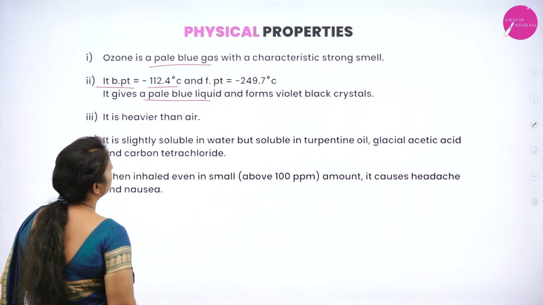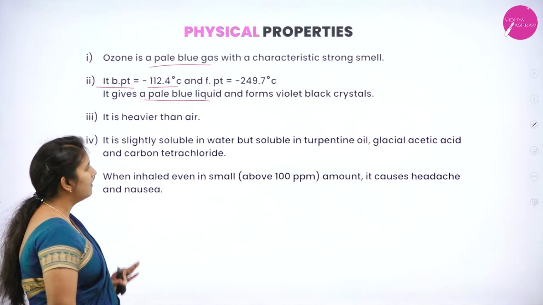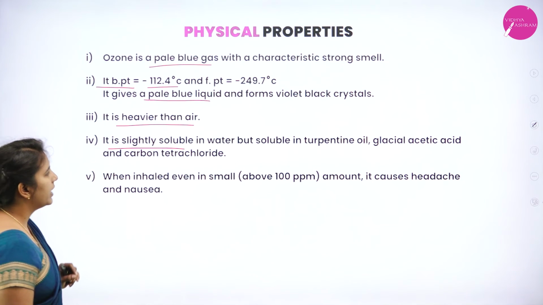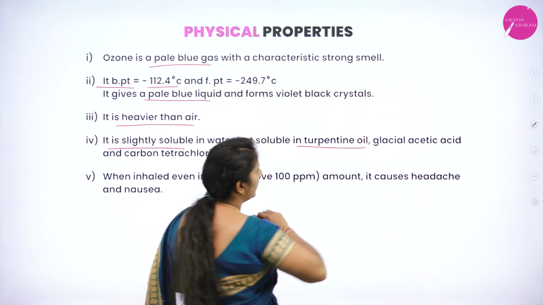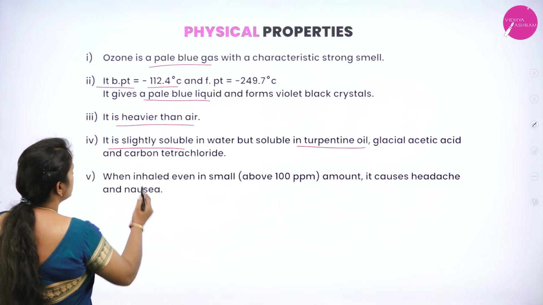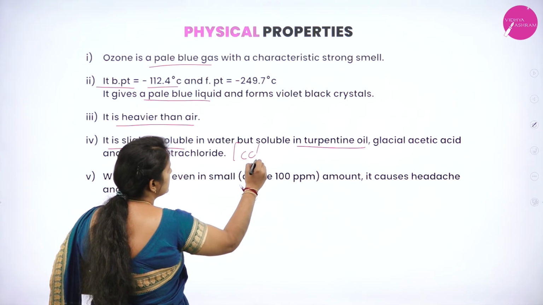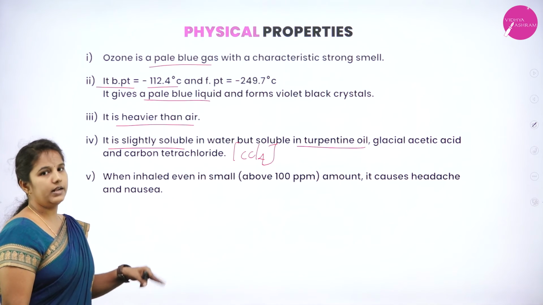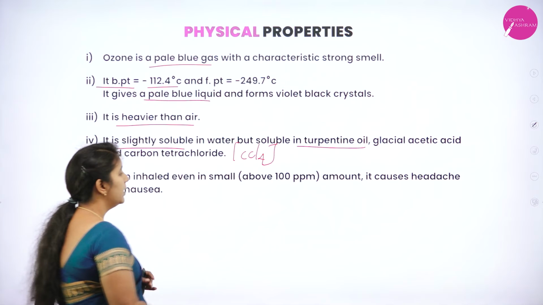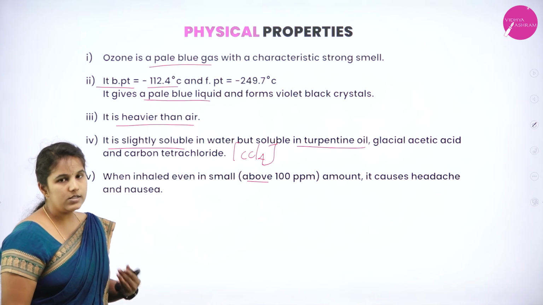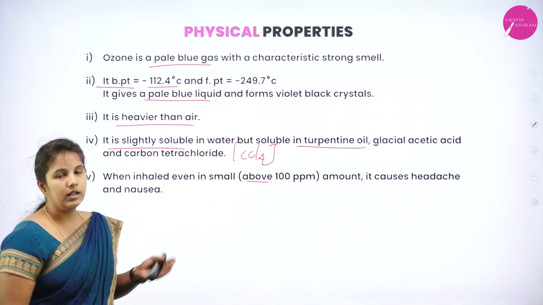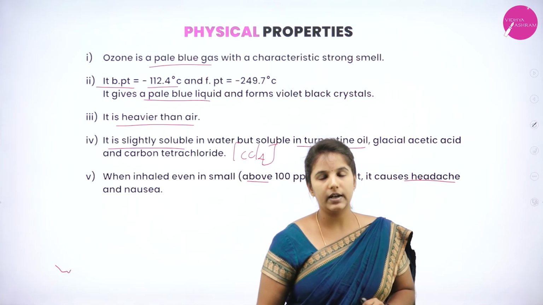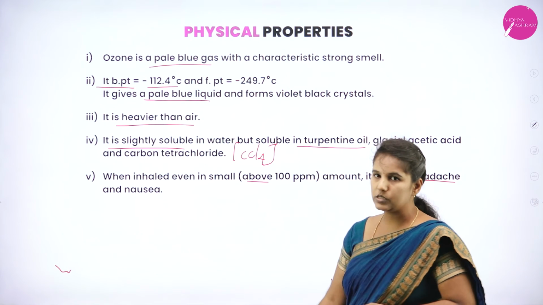It gives a pale blue liquid and forms violet black crystals, and it is heavier than air, slightly soluble in water, and soluble in turpentine oil and glacial acetic acid, as well as in carbon tetrachloride, that is CCl4. When inhaled at 100 ppm level, this can cause nasal destruction, thereby it causes a headache. This is how we can understand the physical properties of ozone.